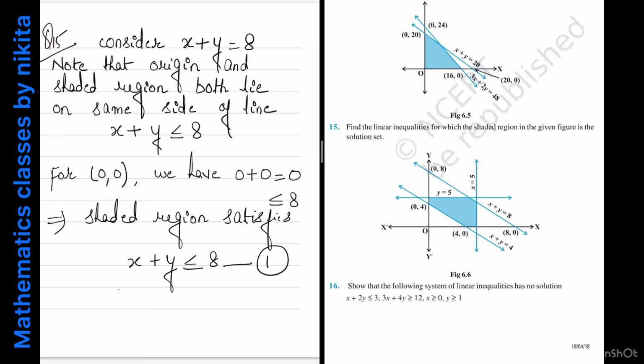If you consider this, it need not be the shaded region given in the question, because x plus y less than or equal to 8 is this whole lower half plane. So we are saying only one side, that the points in the shaded region satisfy the inequality x plus y less than or equal to 8.